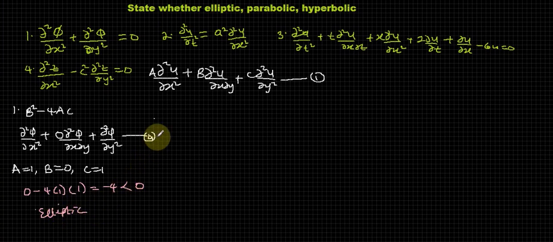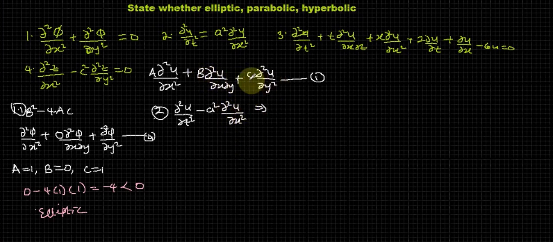So let's look at the second question. Here we have ∂²u/∂t². Let's bring this to the left hand side, minus a² ∂²u/∂x².